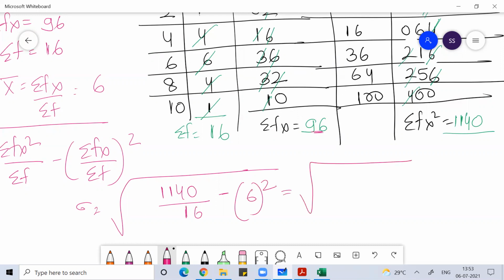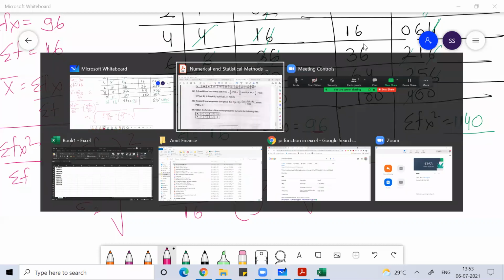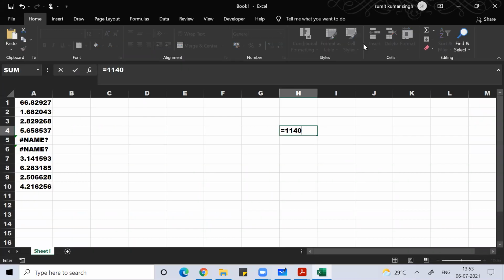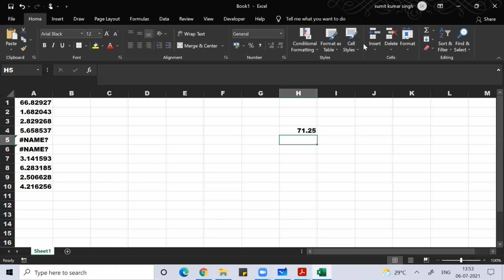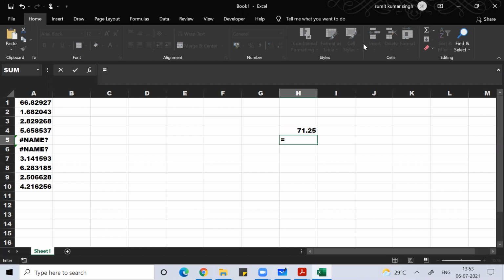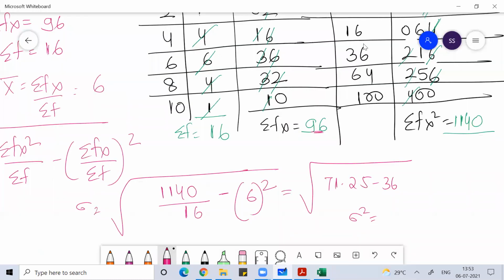1140 by 16 is 71.25. 71.25 minus 36 will give you the variance, 35.25.